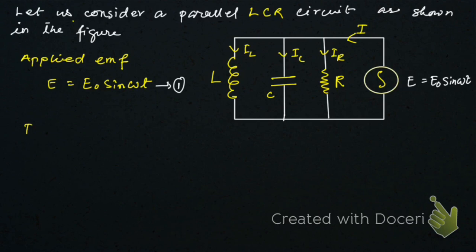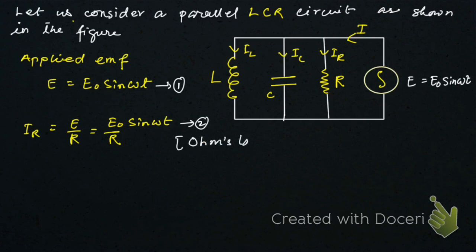By Ohm's law, IR is equal to E by capital R, and E is nothing but E naught sine omega t by R. This is equation number 2. Here we have applied Ohm's law, EMF by resistance.